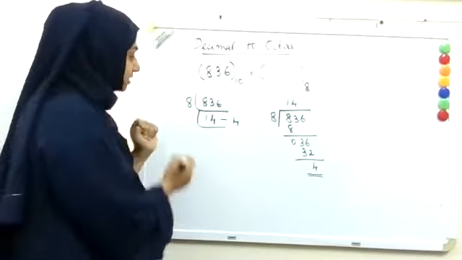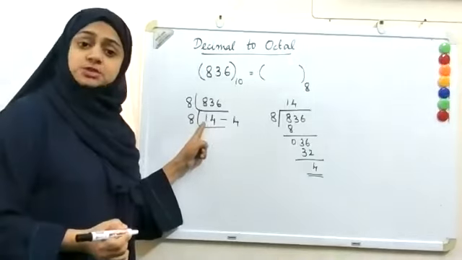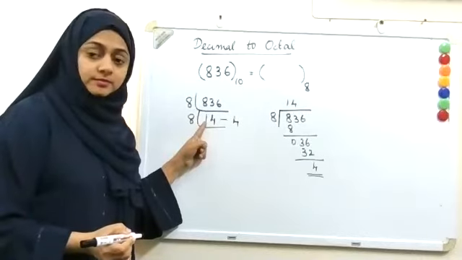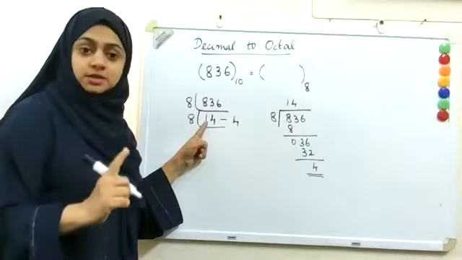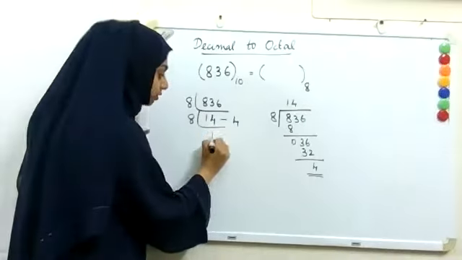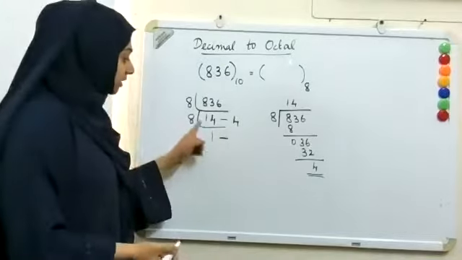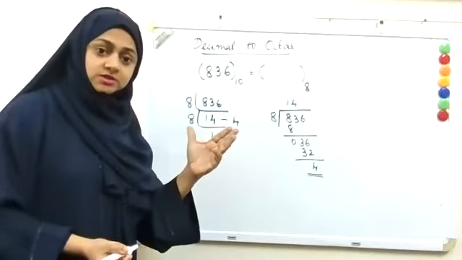Now we have to divide this again by 8. So 8 will go how many times in 40? It will go only once. 8 ones are 8, 8 twos are 16, so it will go only once. So the quotient is 1. What will be the remainder after 8, 9, 10, 11, 12, 13, 14?